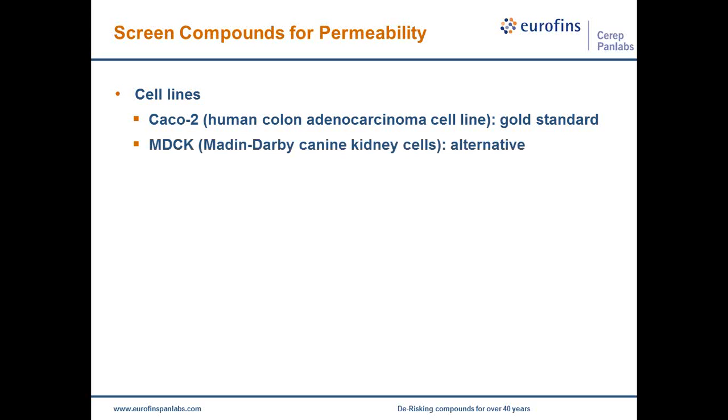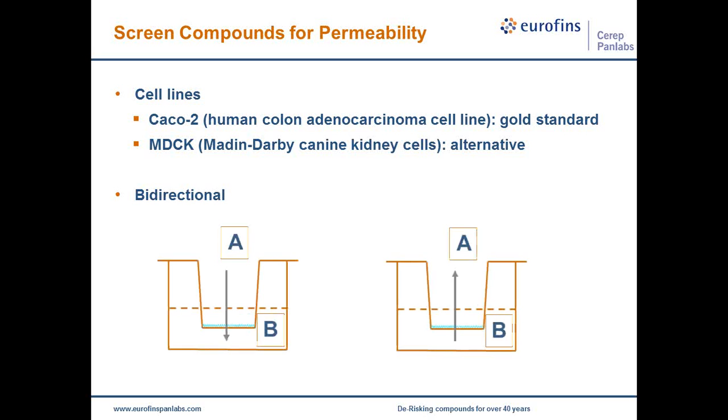Caco-2 is the most popular model, so it is the gold standard, and MDCK is used as an alternative method. To have a better understanding of permeability, the study should be conducted bidirectionally, that is from apical to basolateral, and also from basolateral to apical.